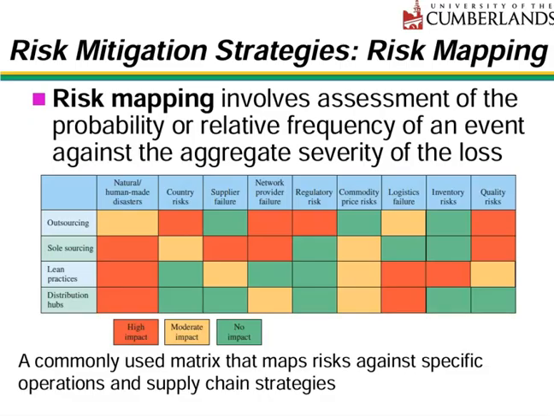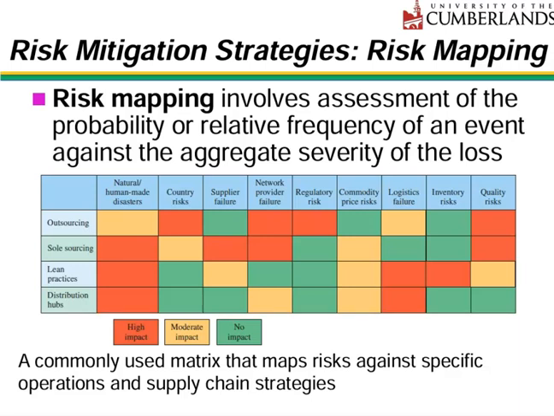If they fail, you have a problem. Sole sourcing, which is relying on a single supplier, shows high impact across almost every category. This should give any risk manager pause. While sole sourcing might offer cost advantages, it creates enormous risks.